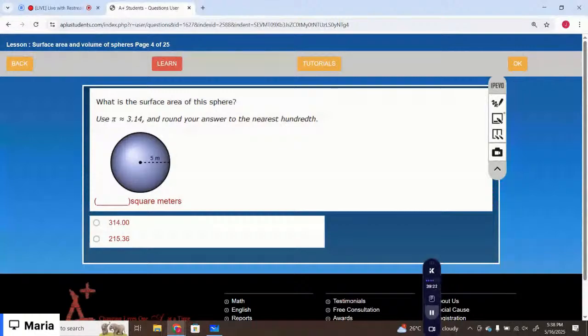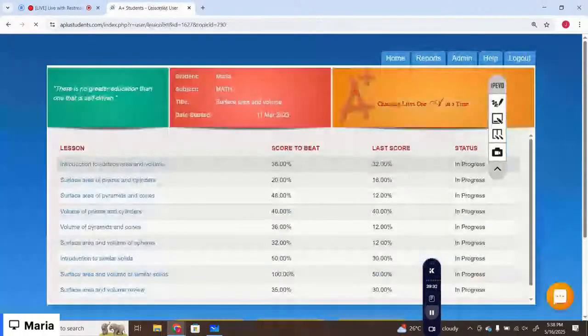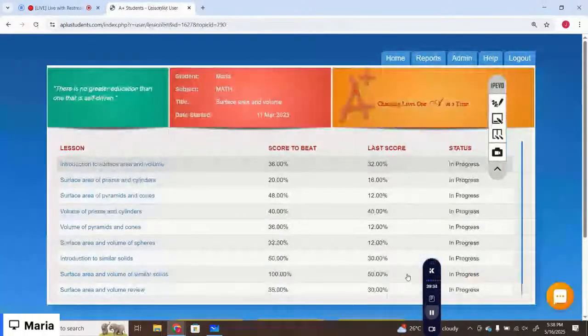Okay, you can complete the lesson by yourself. So we were working on data and math. The chapter we were doing is surface area and volume.